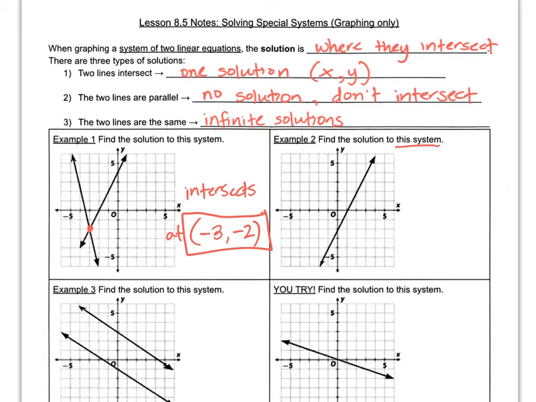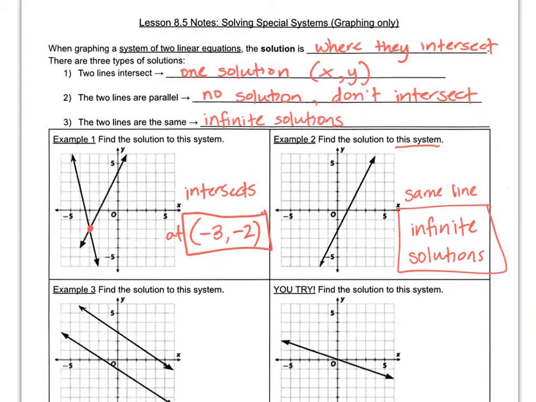You can't see it because one is on top of the other. And that's going to result in infinite solutions since they intersect everywhere or they touch everywhere on its line. So it's infinite because both lines are the same line.